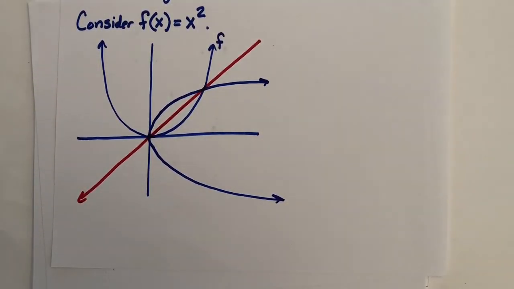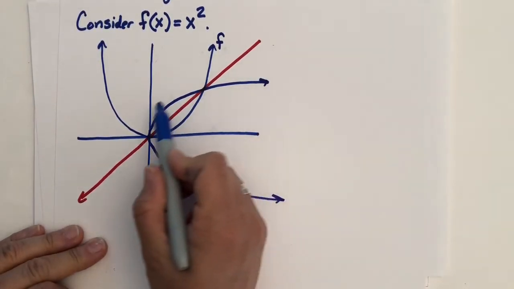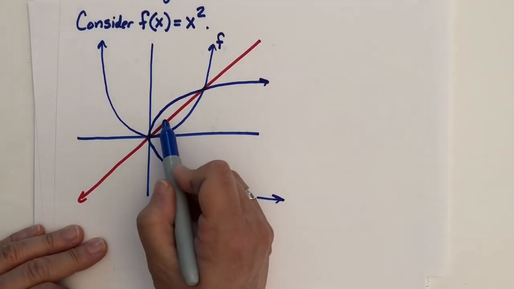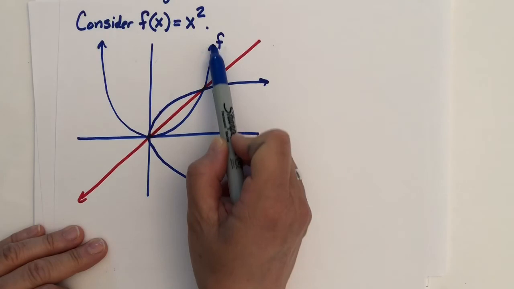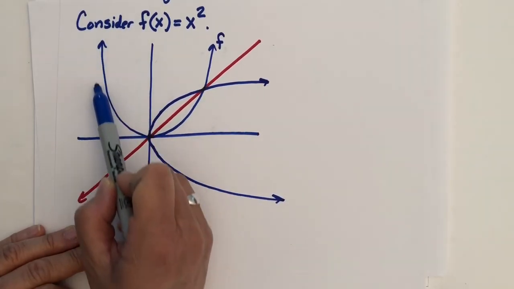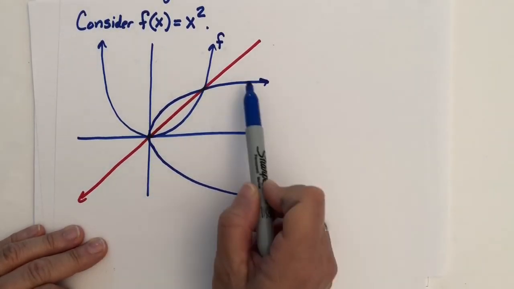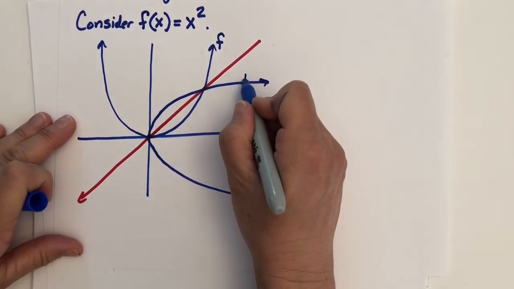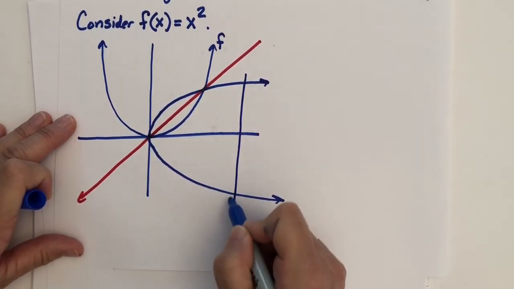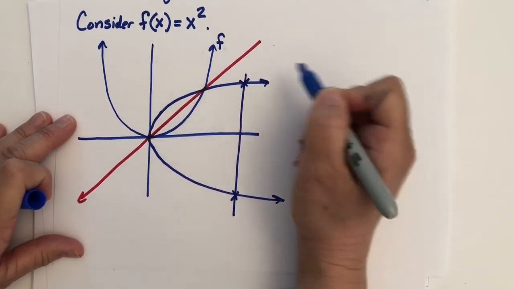But here's the part that I want you really to take note of. This cannot be an inverse function, but it's the only potential inverse function of this function, f of x equals x squared. And yet it's not a function itself. Notice this fails the vertical line test.